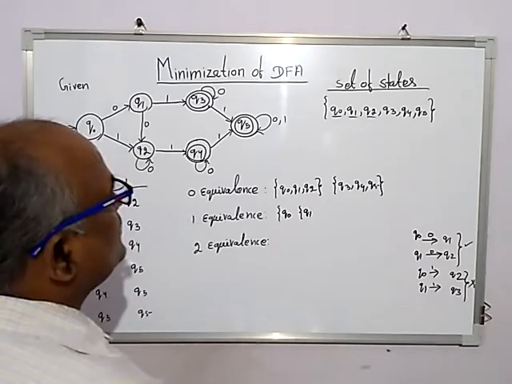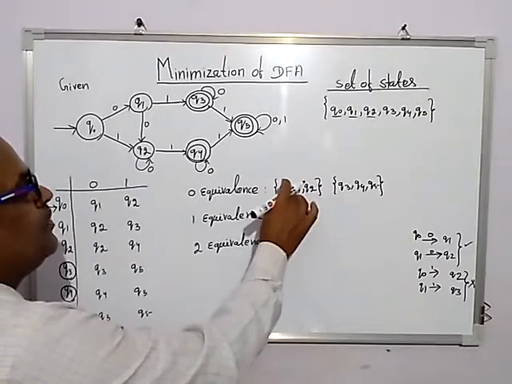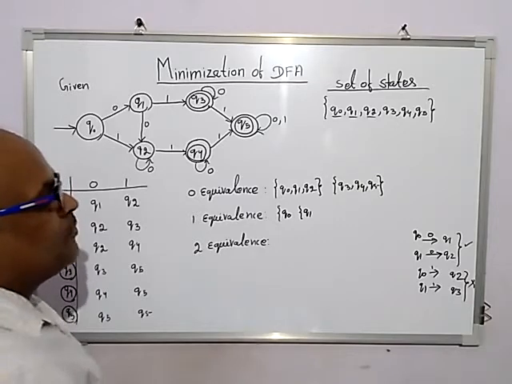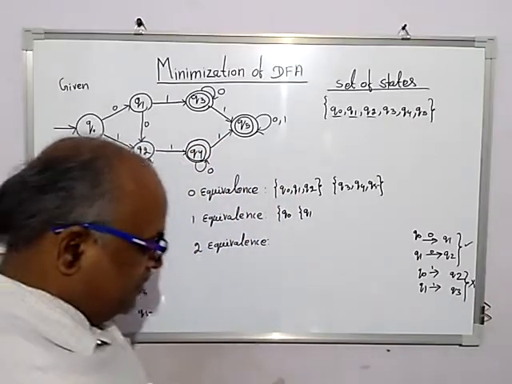Now we consider Q0, Q2 or Q1, Q2, which states are 1 equivalent.